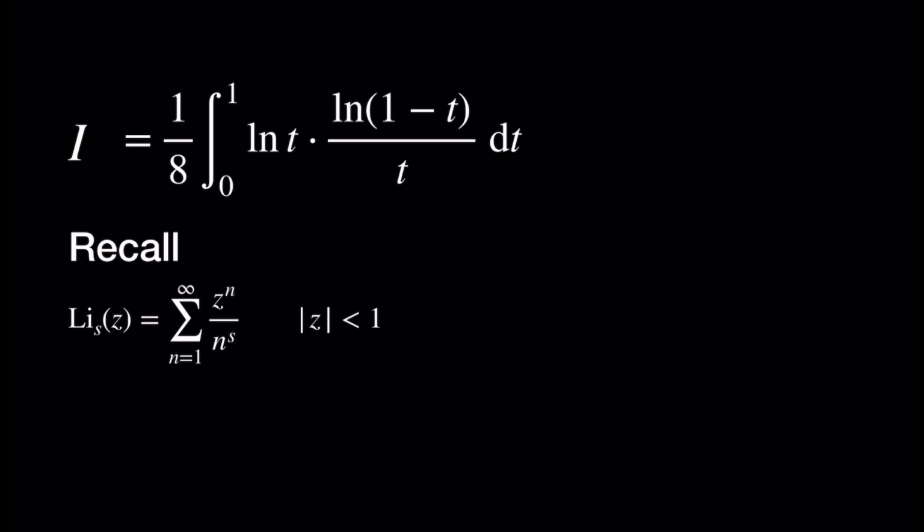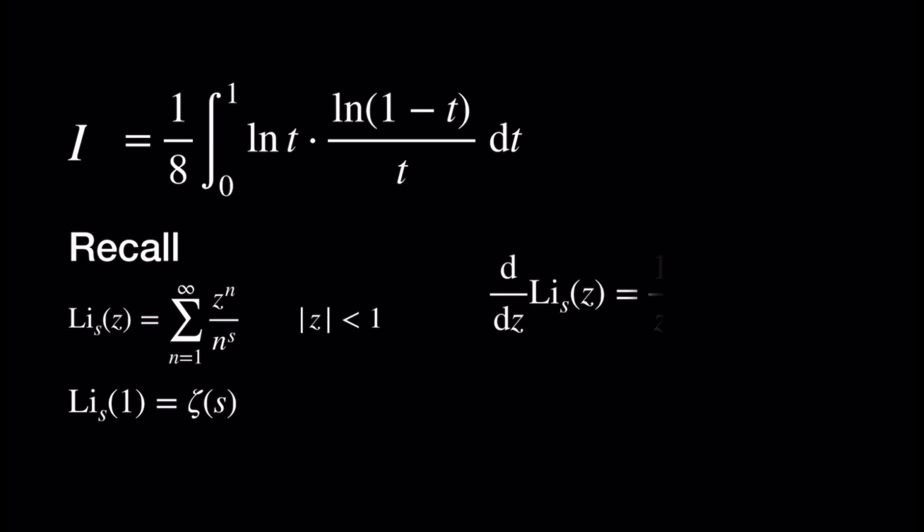And we have some properties of this function. We can clearly see here that Li_s at 0 is going to be 0. But if we evaluate it at 1, we're going to get the Riemann zeta function evaluated at s, so zeta of s.